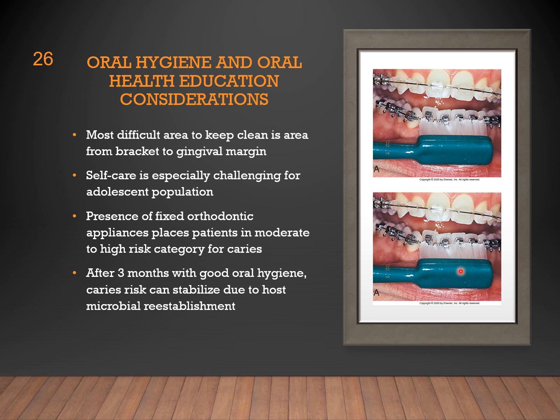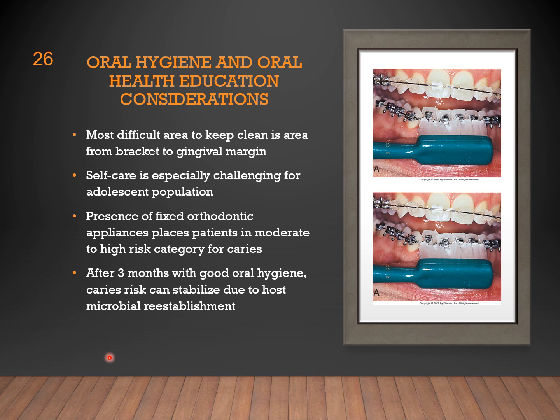So that's where the power toothbrush is recommending a power toothbrush for a patient, using a Proxa brush, using an oral irrigator. So we really want to look, and we can even use chlorhexidine for a patient if they have some gingival irritation.